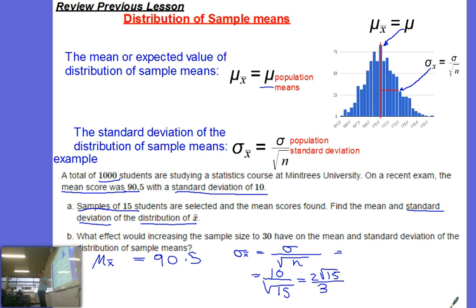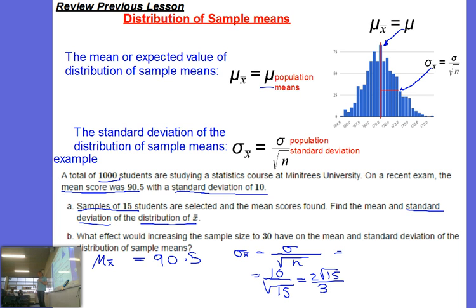Any questions regarding that? All right. So you've got 2 sets of formula or measures of the distribution. You've got to remember you've got your population proportion or your sample proportion distribution.